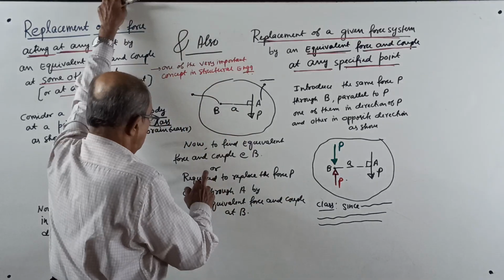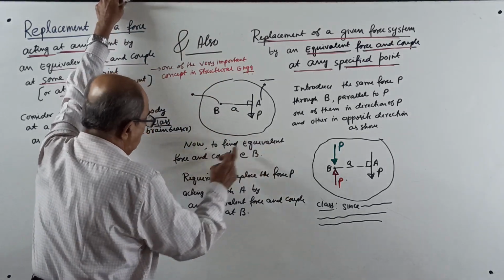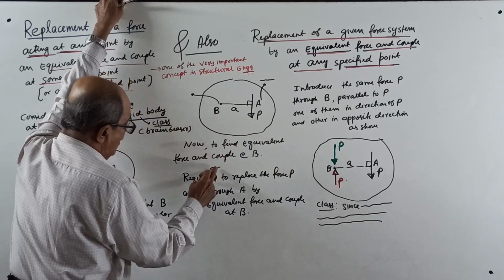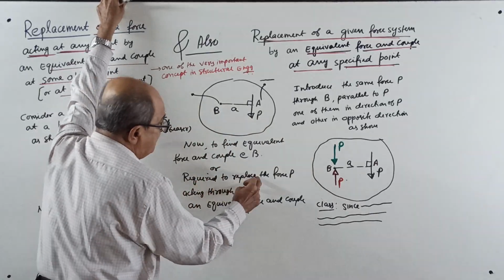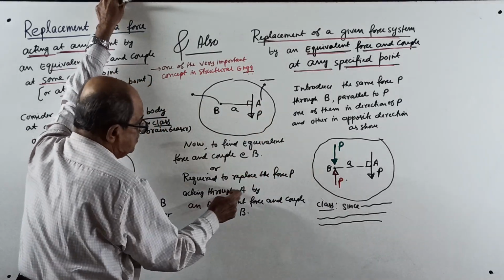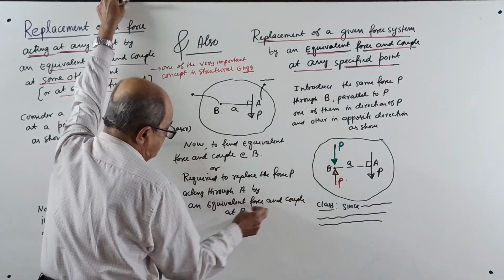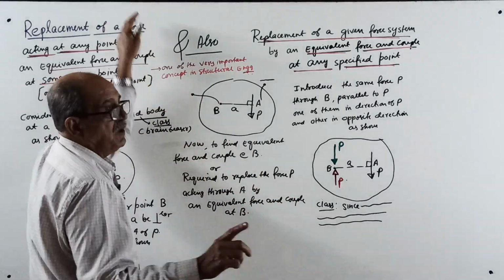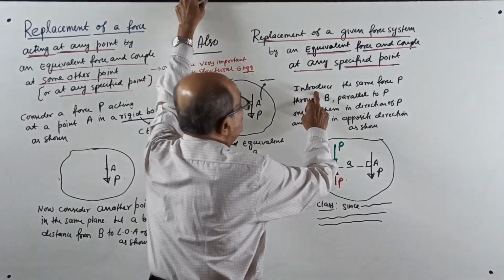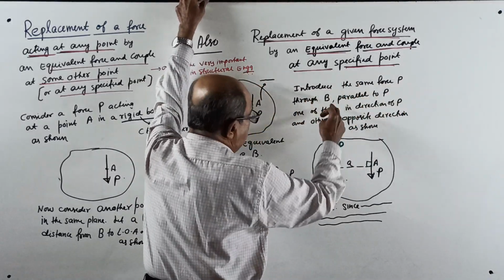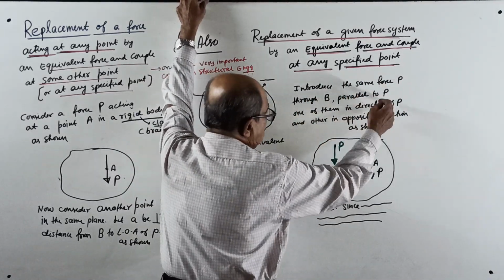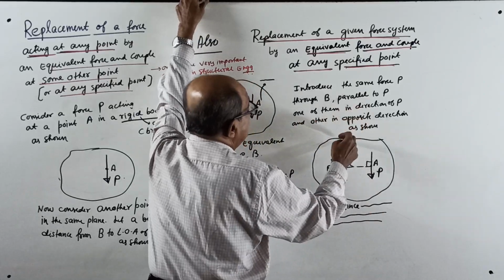Write it. Or, now to find the equivalent force and couple at B. Or imagine it is required to replace the force P acting through A by an equivalent force and couple at B. See, what to do is introduce the same force P through B parallel to P, twice.